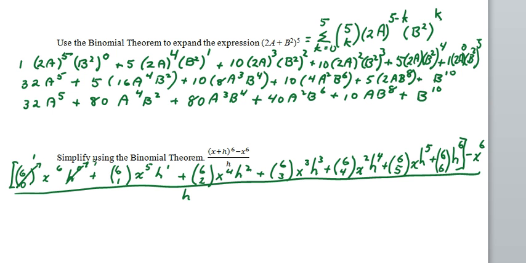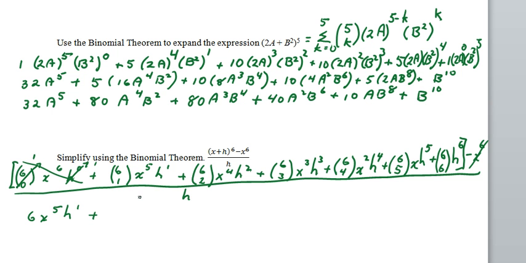And so we can neutralize the x to the sixths. So our numerator, 6 over 1, is 6 factorial over 1 factorial 5 factorial, or 6x to the fifth h to the first.